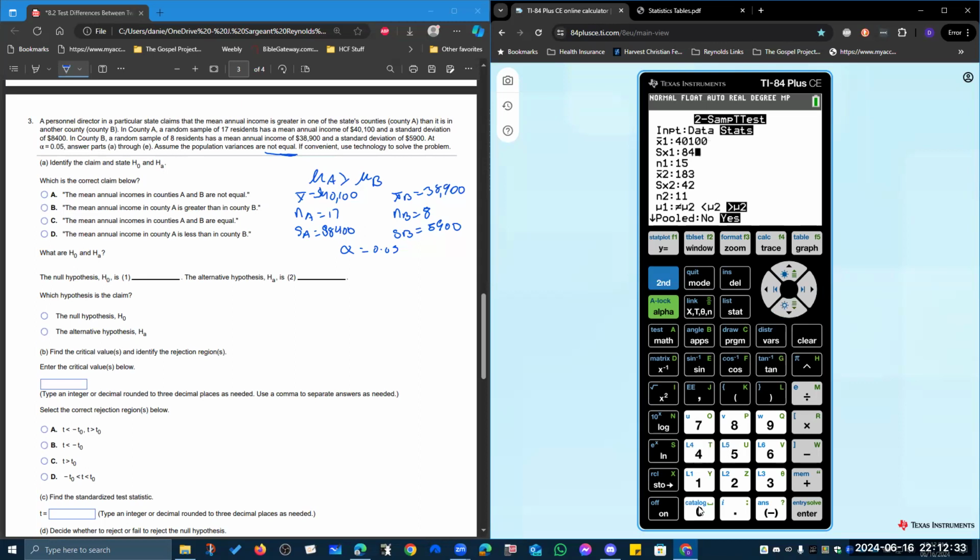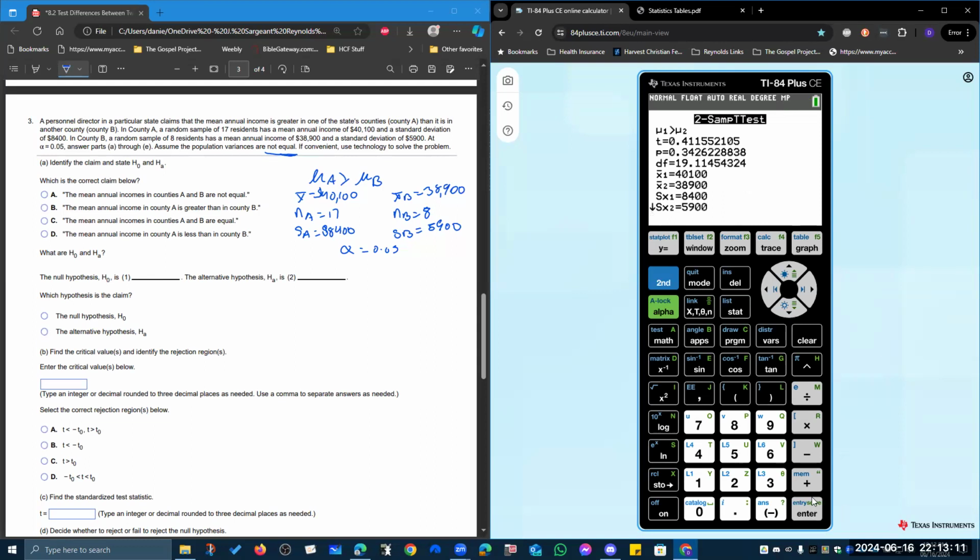Then we have 8,400 for our standard deviation, 17 for our number of people sampled, 38,900 for County B, 5,900 for our standard deviation, and 8 people for our sample size. And we're trying to show A greater than B here. And are they pooled? They are not this time, since their standard deviations are not equal.